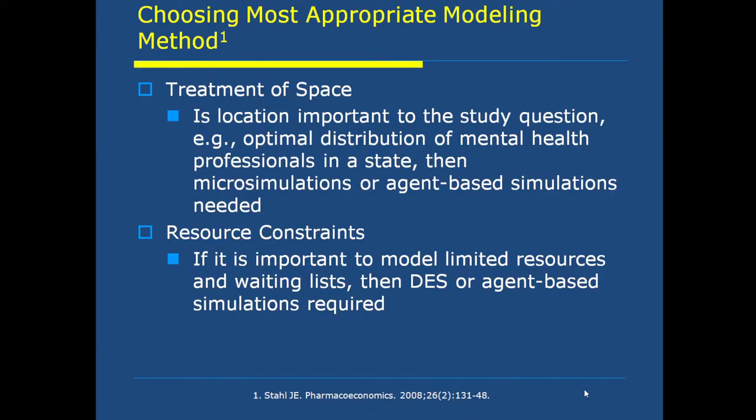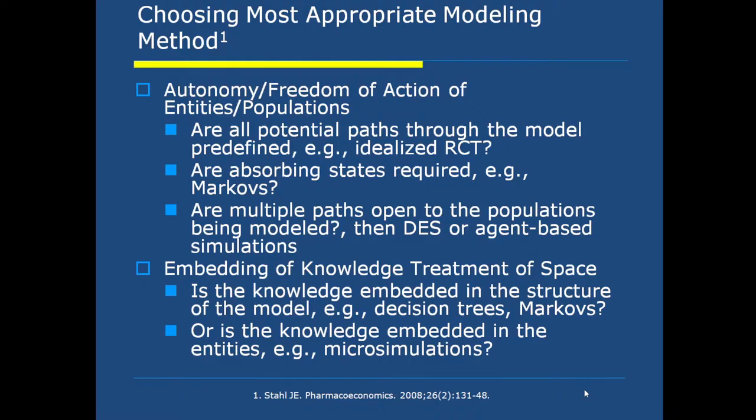Resource constraints. If it is important to model limited resources and waiting lists, then discrete event simulation or agent-based simulations are required. Autonomy or freedom of action of entities and populations. Are all potential paths through the model predefined? Are absorbing states required?